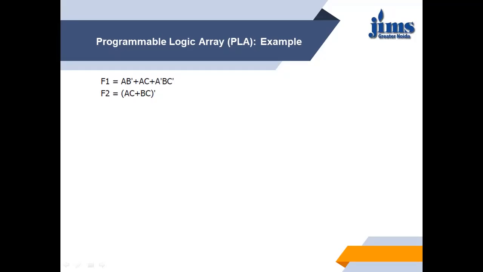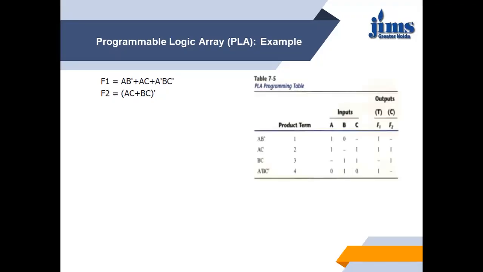Now what we do, we construct the PLA programming table. We write all the product terms. First product term is AB bar. Next is AC. Then A bar B C bar. We have AC, which I already have written. We have BC.